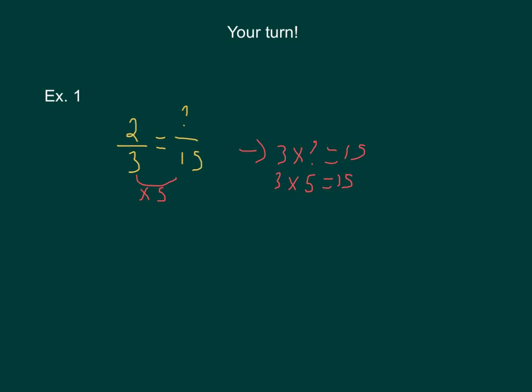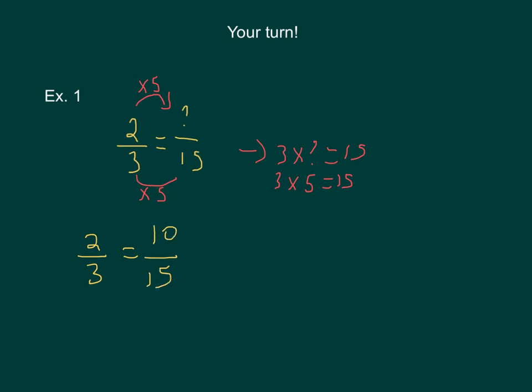So we're going to multiply, just put that there for ourselves. Step 2 then says, use that same relationship to find the missing value. So we'll times 2 by 5. And when we do 2 times 5, we know that that's actually going to end up giving us 10. And there we go, we got our answer.